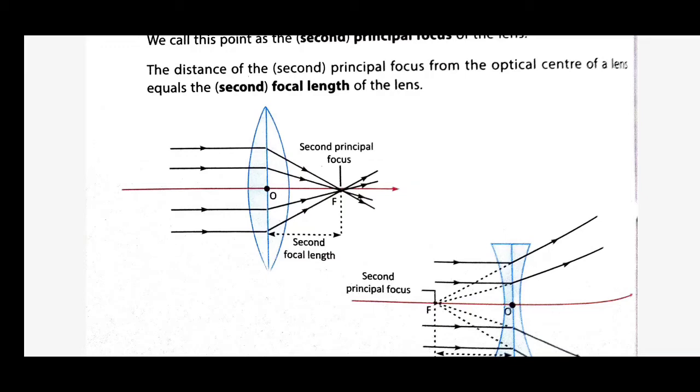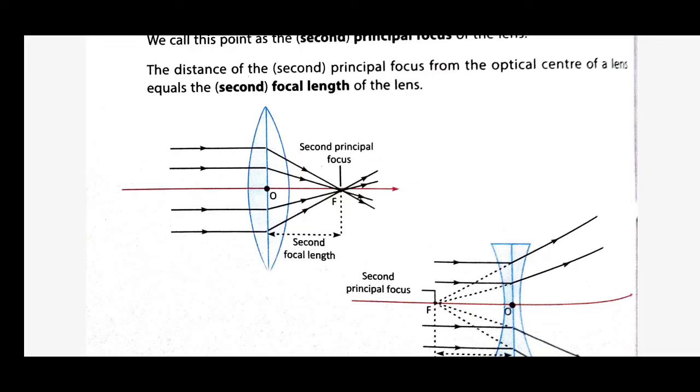But actually in convex lens rays meet really, while for concave lens the refracted rays do not meet really, they appear to meet. So whenever it is asked to define the principal focus of the convex lens, then we write as follows.